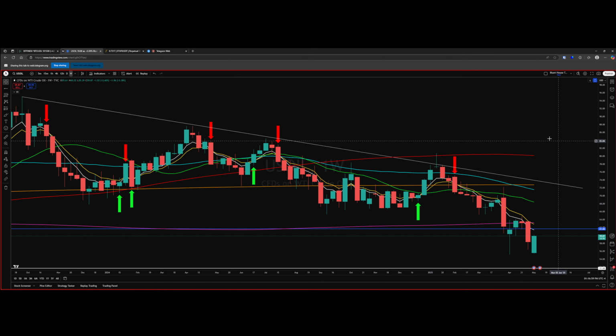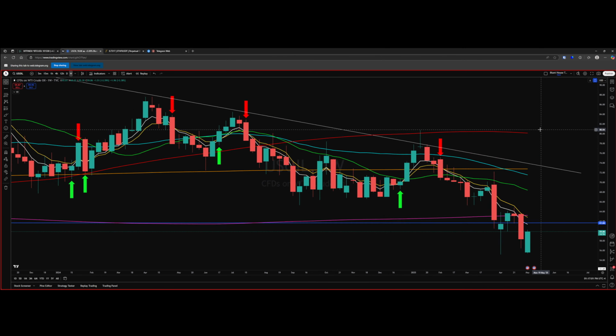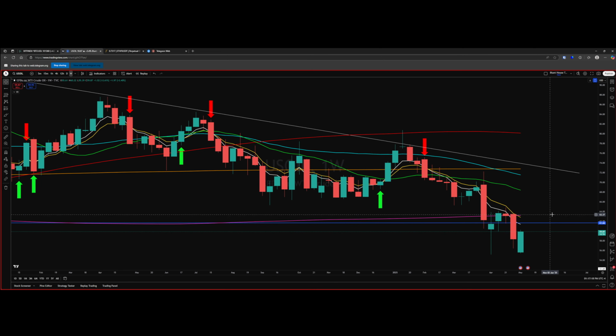This week's candle, for as much exuberance and talk that it has given oil bulls, technically is just a green candle in a downtrend that's been unable to reach a respectable level of the 5 EMA on the weekly. This is a complete and total failure to me.